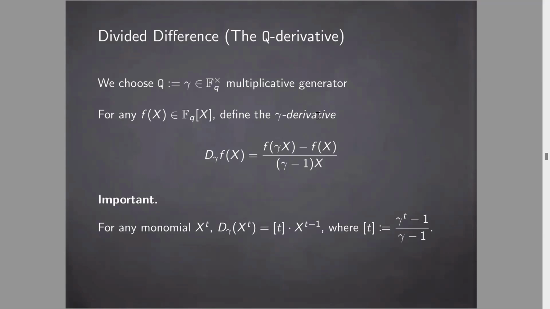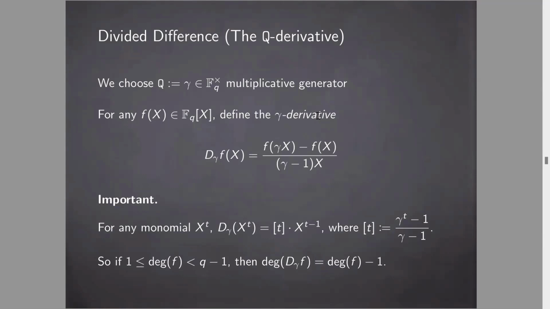What is interesting to note is that D gamma is very similar to the classical derivative operator, in particular for a monomial x to the t, the gamma derivative of x to the t turns out to be a scalar times x to the t minus 1, where the scalar is simply the fraction (gamma to the t minus 1) by (gamma minus 1).